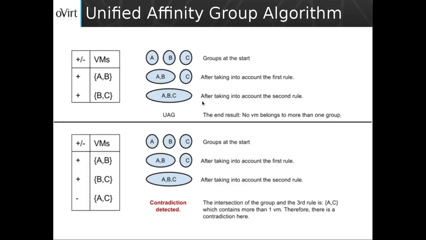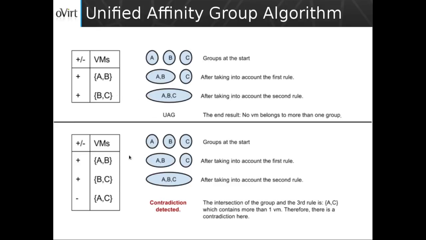So in this case, there is no contradiction. It's okay, and it also makes sense because there are no negative affinity groups here, so there is no possible contradiction.